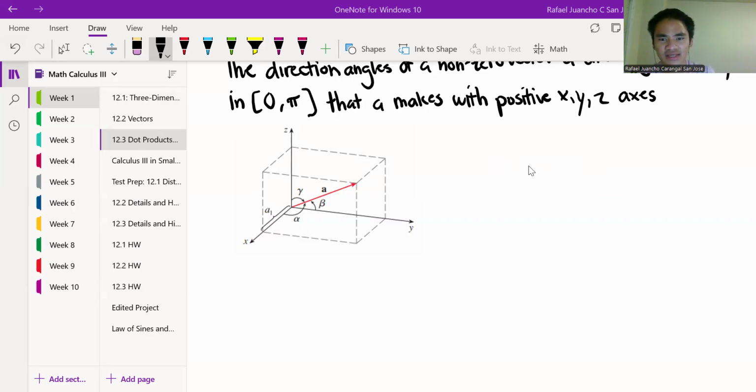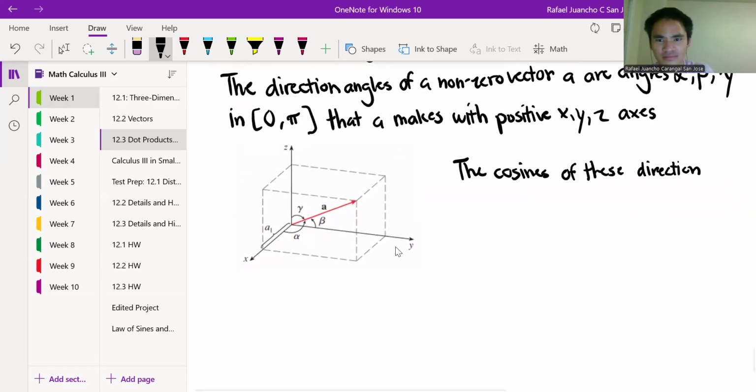And what we're saying is that the cosines of these angles, of these direction angles. Oh, so these are direction angles.